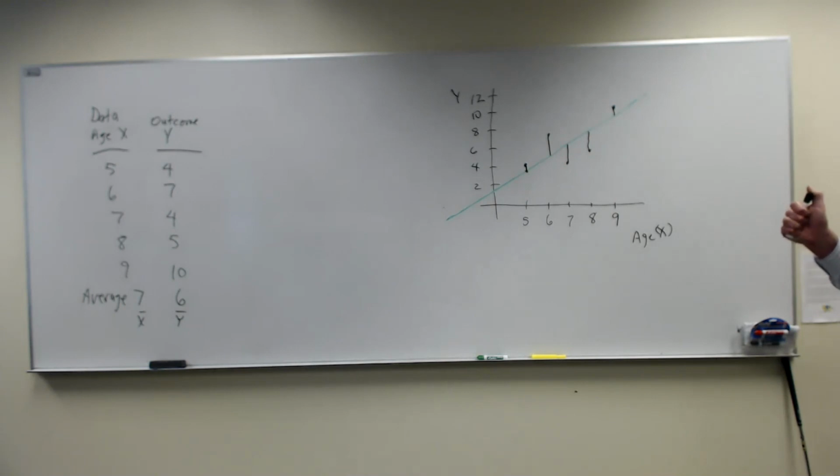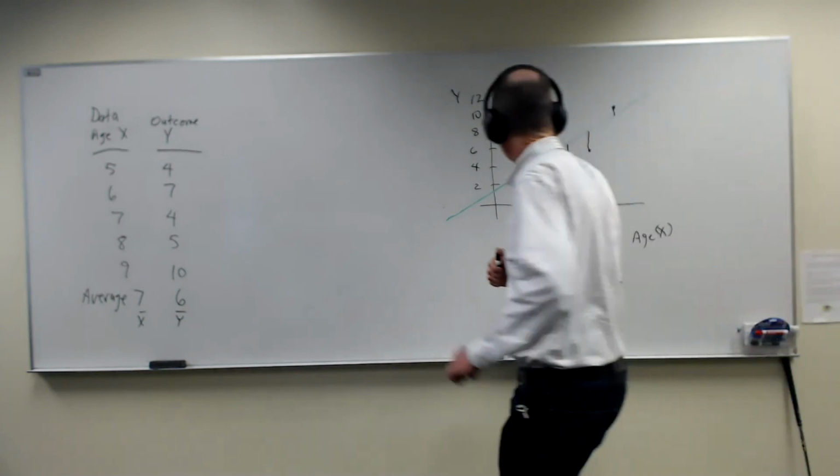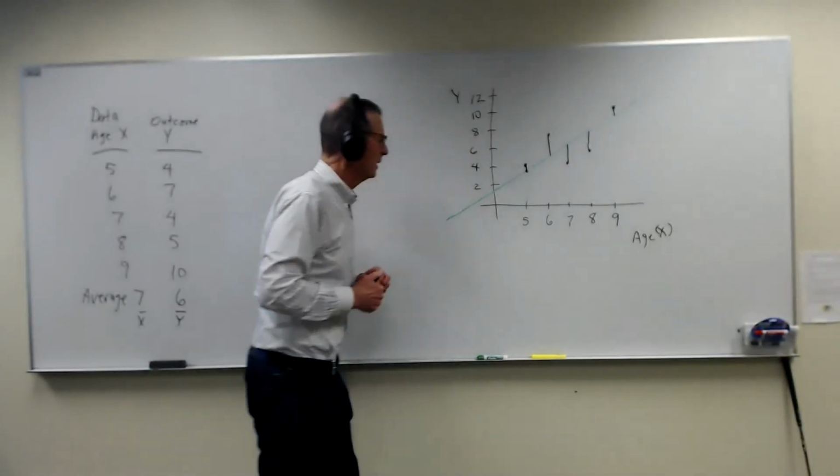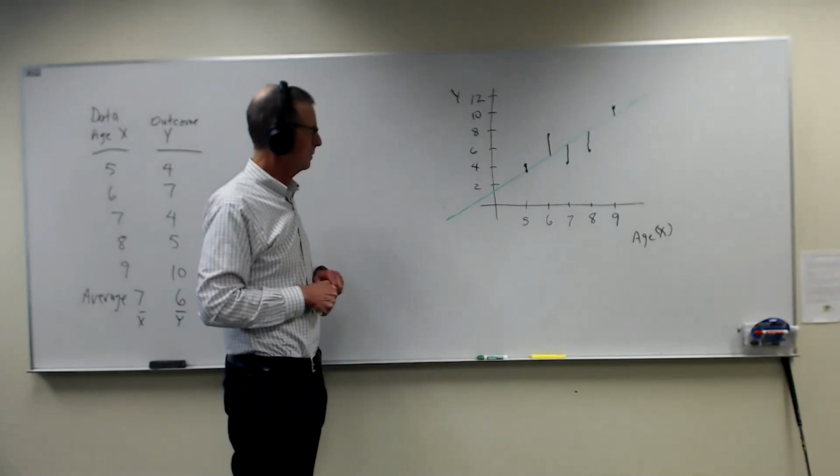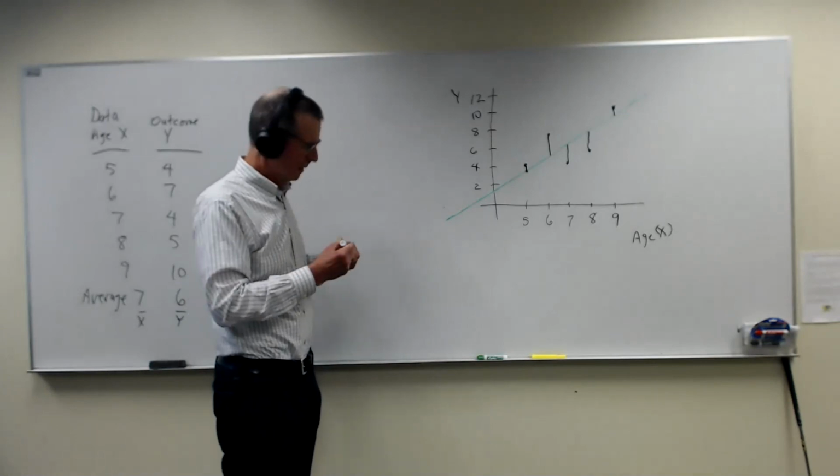And that's all a regression line does. It fits a line to the smallest sum of squared distances, the squared residuals, as they're called. And it turns out squaring has a lot of very nice properties. So that's the criterion.